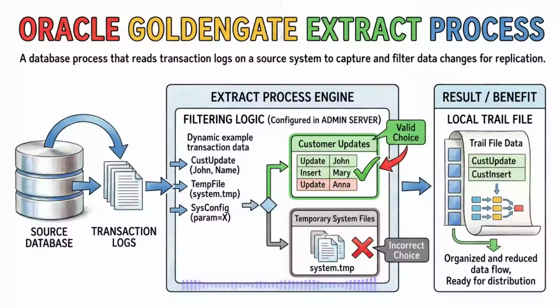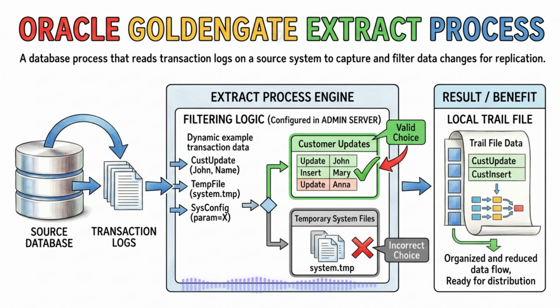Let us zoom in on the actual programs doing the heavy lifting. Starting with the extract process. The extract process is the specific engine that actually connects to your source database and reads those transaction logs we discussed earlier. It is responsible for grabbing only the data changes you care about, like customer updates, while ignoring irrelevant changes, like temporary system files.